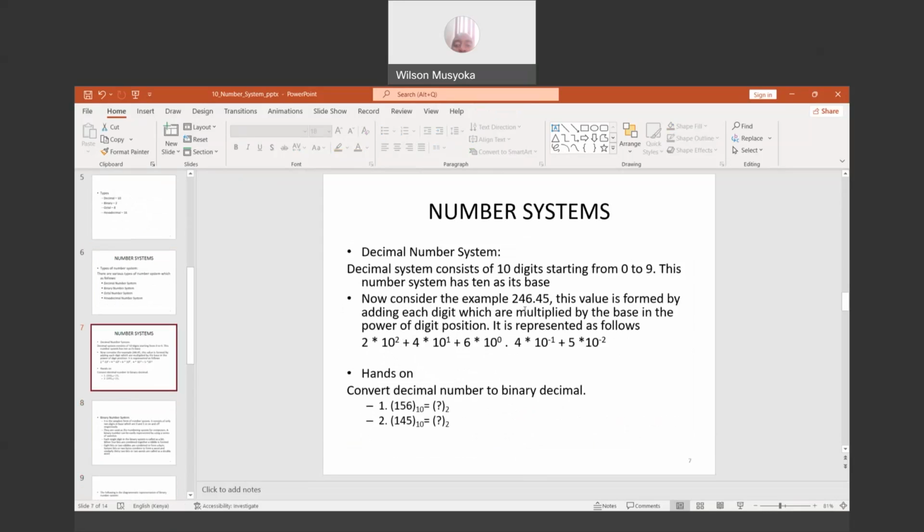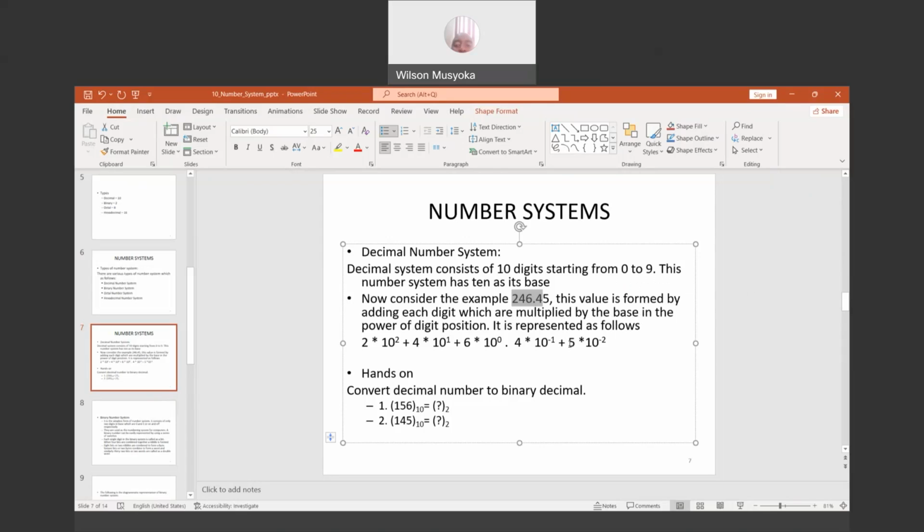So if we come to the decimal numbering system, we normally say that it contains 10 digits starting from 0 to 9, and it has 10 as its base, and like we have said, it is because there are 10 such digits. So if you have a number like 246.45, this value is formed by each digit, which can be multiplied by the base in the power of digit position.